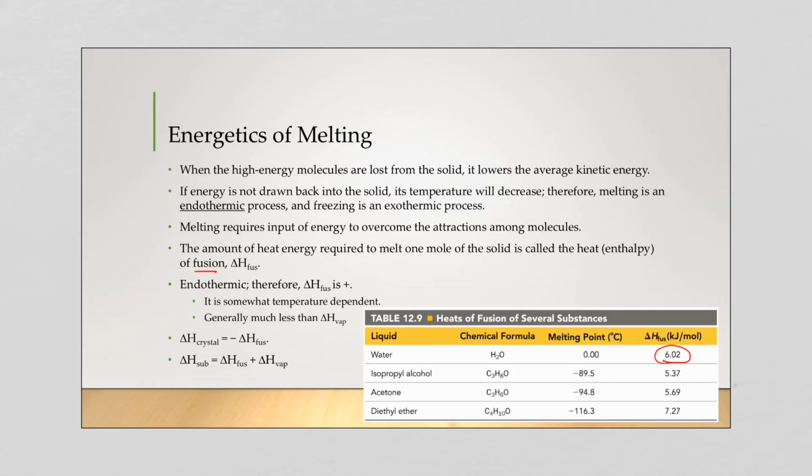And we didn't talk about it, but if you did want to come up with an enthalpy of sublimation, it would simply be the two processes combined. Because sublimation is going all the way from a solid to a gas, the energy required is going to be the sum of the heat of fusion and the heat of vaporization for that material. So it's sort of the additive of the two processes there.